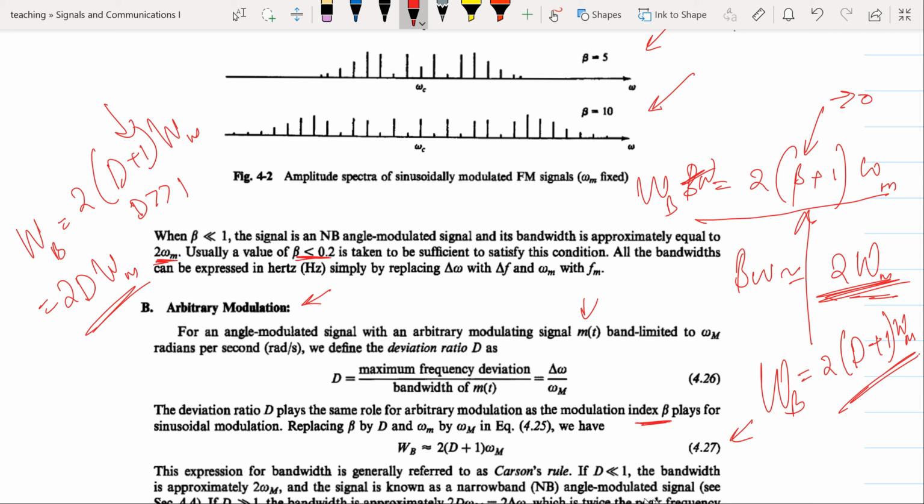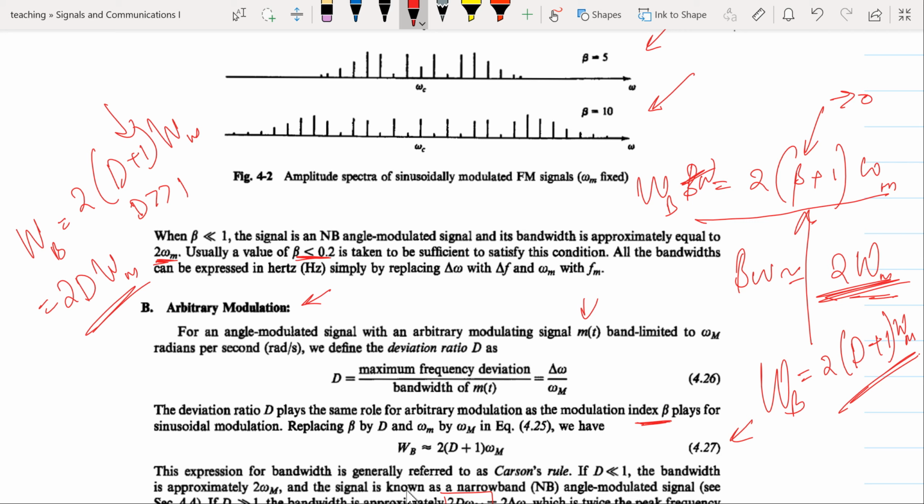So we now have two definitions for wideband modulation: one defined for a sinusoidal wave with beta, and one defined for non-sinusoidal, that is arbitrary, modulation, which is expressed in terms of D. The bandwidth is given by 2D omega M, and for D far much bigger than 1, we have a wideband modulated signal.